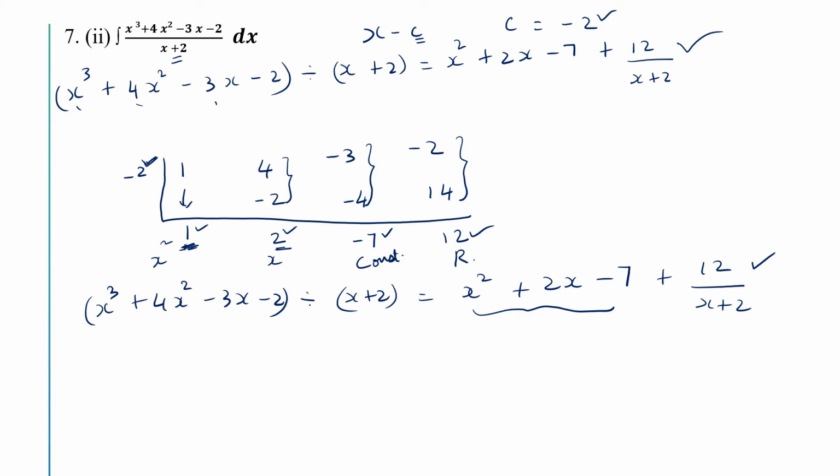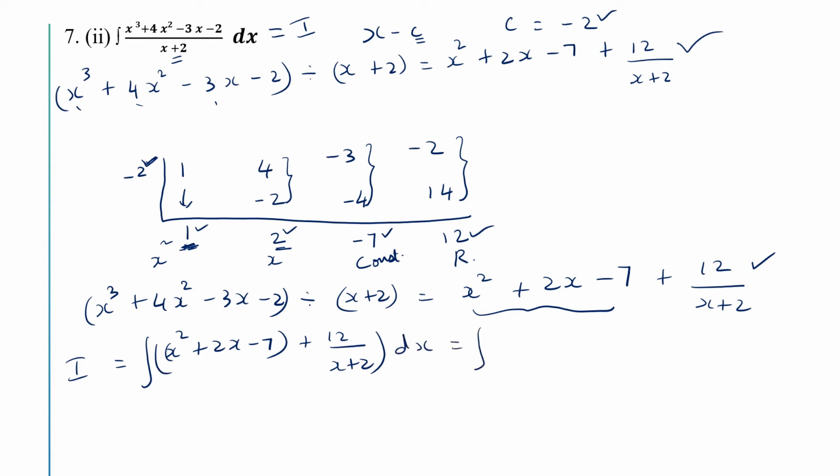So let us take the given integral as I. Now we have the quotient and the remainder. So I is equal to the integral of x square plus 2x minus 7 plus 12 by x plus 2, dx.